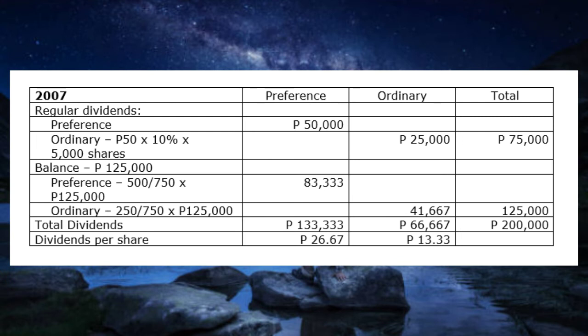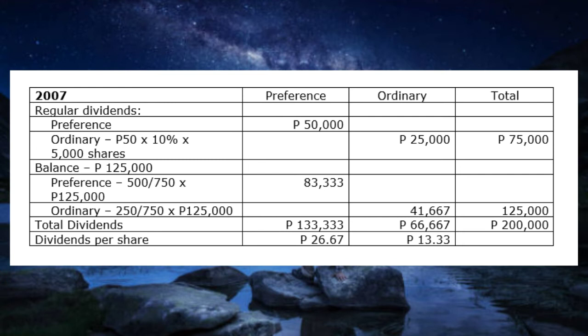2007 regular dividends, preference: 50,000 pesos. Ordinary: 50 times 10% times 5,000 shares is 25,000 pesos. Total of 75,000 pesos. Balance: 125,000 pesos.